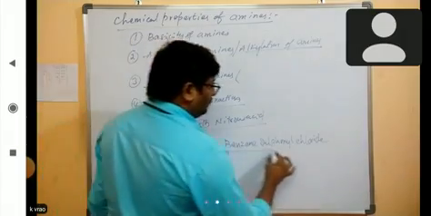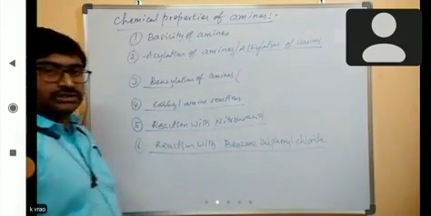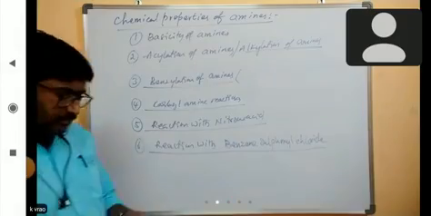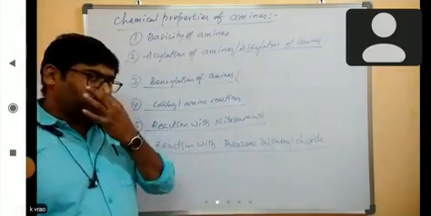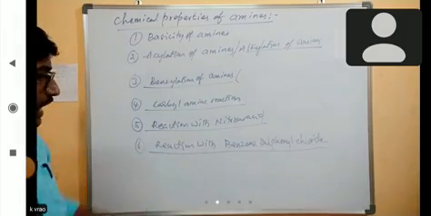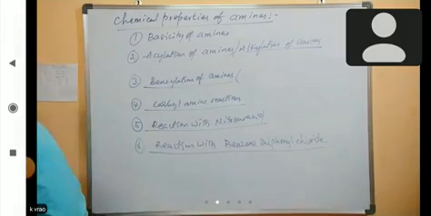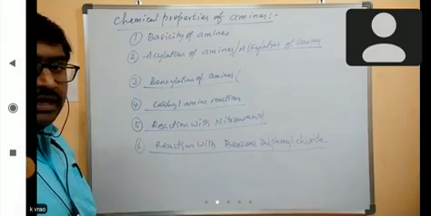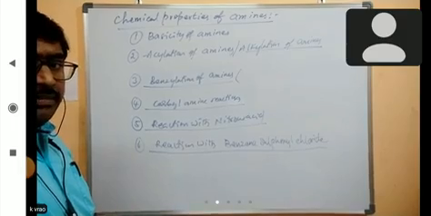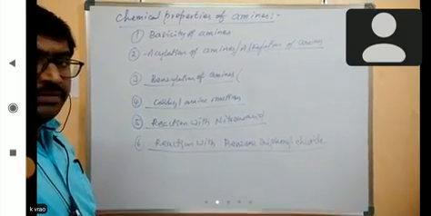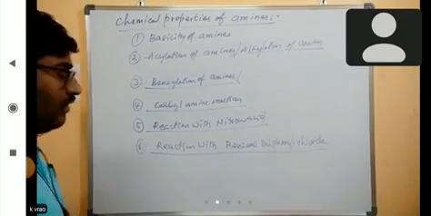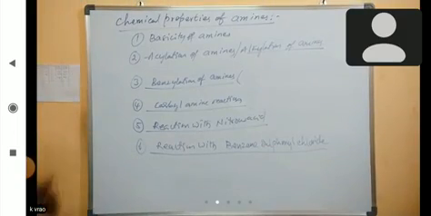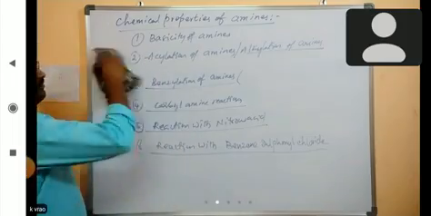Reaction with benzene sulfonyl chloride. So these are the common nucleophilic substitution reactions of primary amines, secondary amines, and tertiary amines in aromatic and aliphatic amines. So we go to the details of all the reactions.